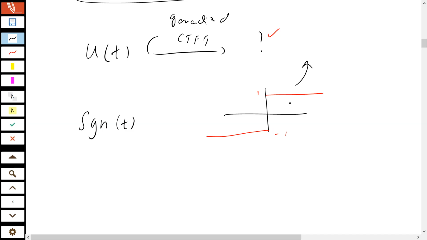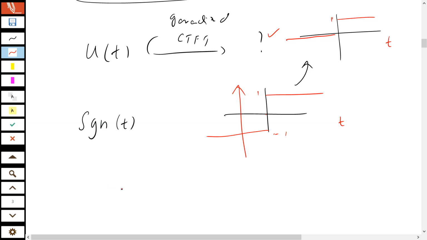Can you modify this signal to get your u of t? What transformation do you need to go from this signal to that signal? You need to translate it vertically, so that this -1 becomes 0 and this 1 becomes 2. And then you divide everything by 2.